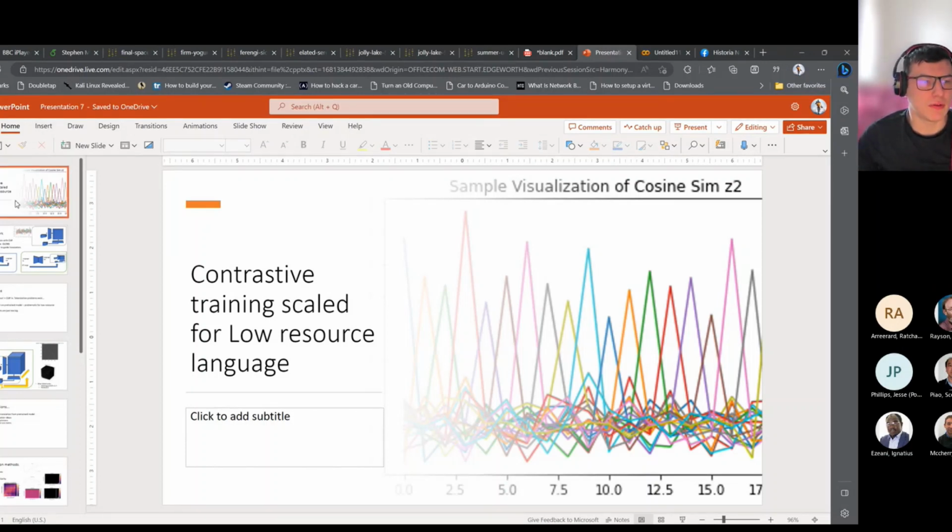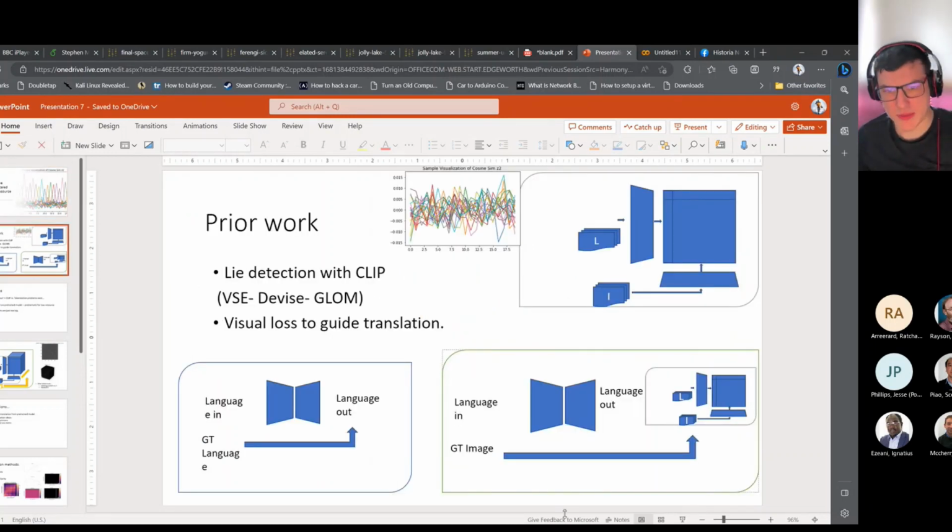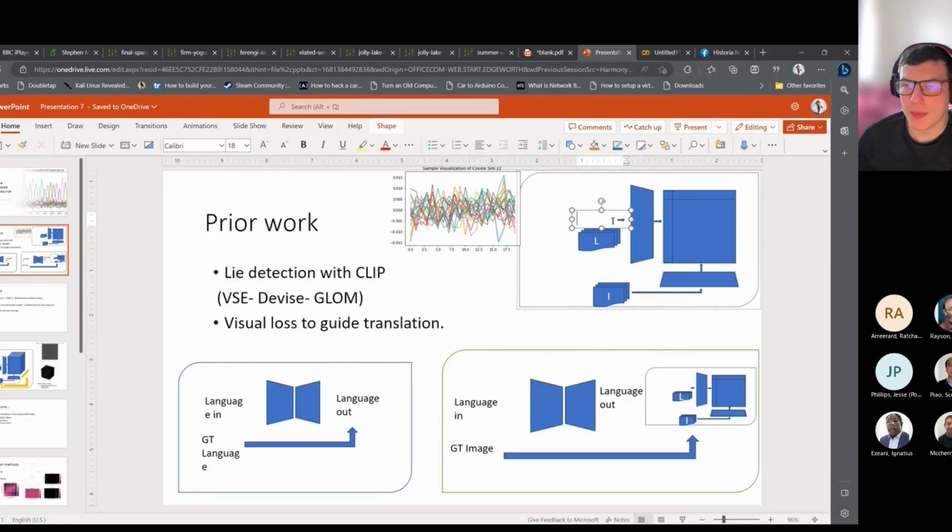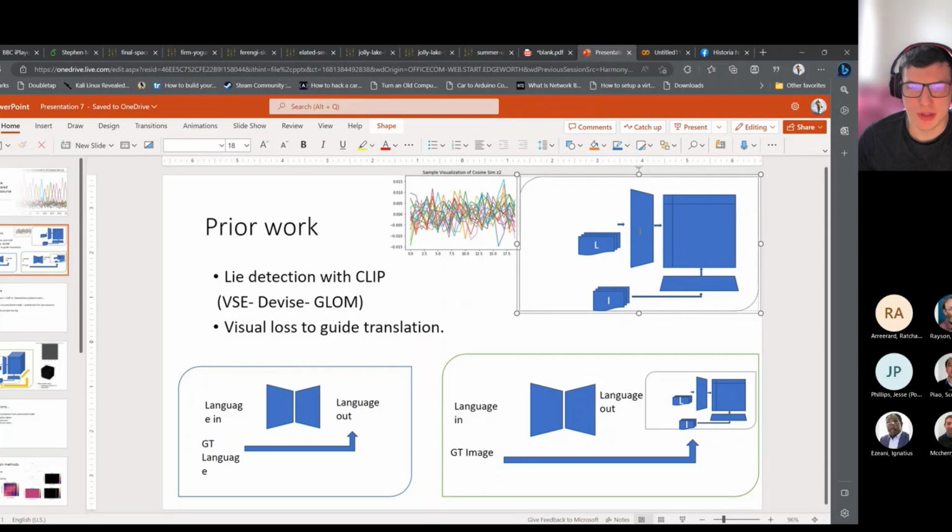Now, this got solved a couple of years back by something called CLIP, which is this diagram in the top right, where what I've labeled as L and I are a language input and an image input. CLIP has two encoders, one for language and one for image, and it trains those representations to each other with cosine similarity.